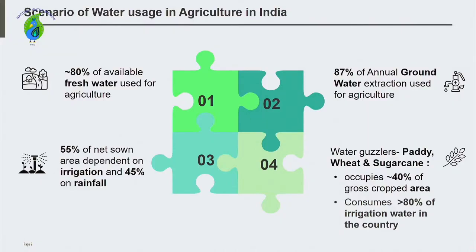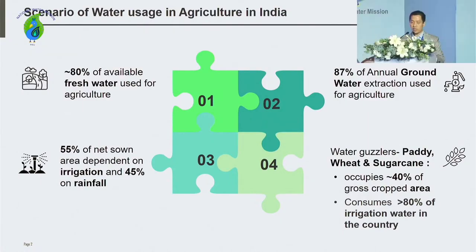Here we can have a quick glimpse of the water use status in the agriculture sector. We have seen these figures in the past presentations and discussions also. What I'm trying to project here is that more than 80% of the available water resource in the country is utilized by agriculture, yet almost 50% of the cultivated area in the country is still rain-fed.